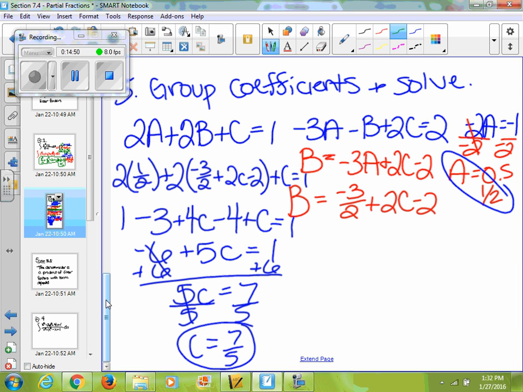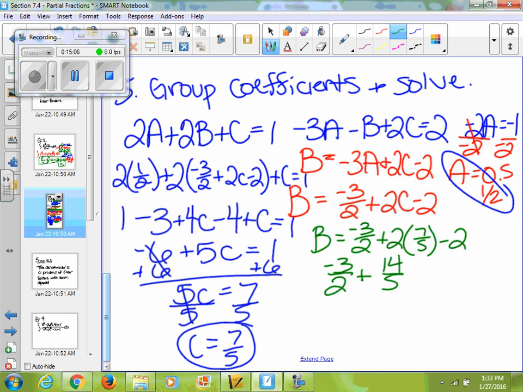And so then we back substitute what c equals into b to solve for b. So b was negative 3/2 plus 2 times 7/5 minus 2. Well, 2 times 7 fifths is 14 fifths. I want to make this have common denominators of 10. 2 is 20 over 10.